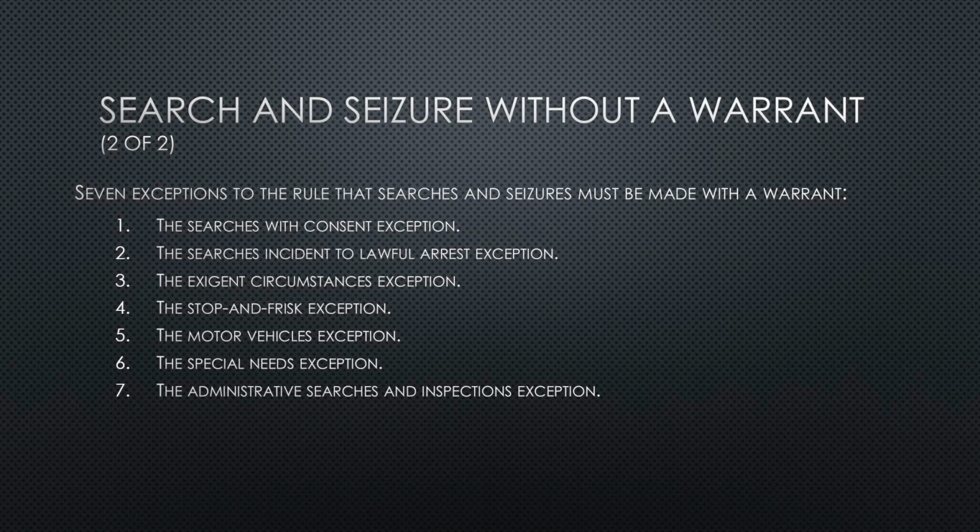The first, we've already briefly mentioned, it is a consent exception. So law enforcement officers who search a house with consent, that is an exception to the warrant requirement. You do not need a warrant if you have consent. Now, there are some parameters there. You can't consent to your neighbor's house being searched, for instance, although there can be some confusion.